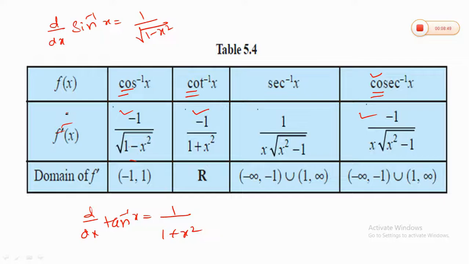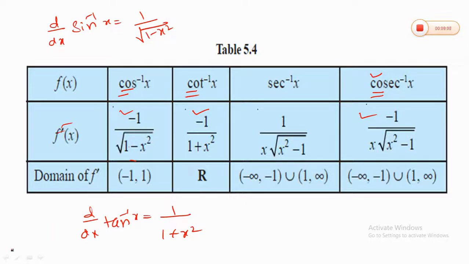Sine inverse and cos inverse formulas are same except in sign. Similarly tan inverse and cot inverse are same except in sign. Similarly sec inverse and cosec inverse have the same formula, just changing in the sign only.